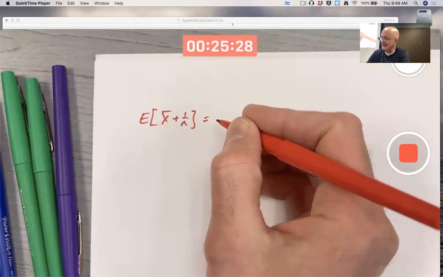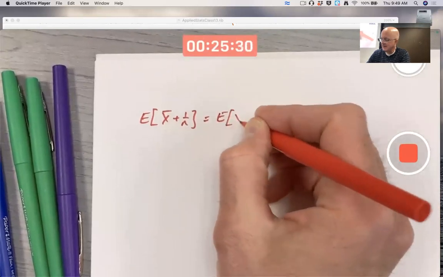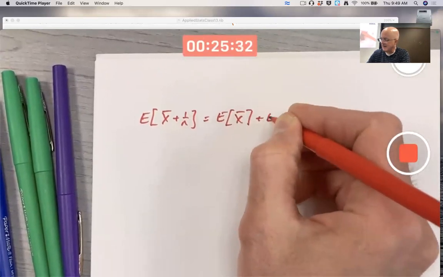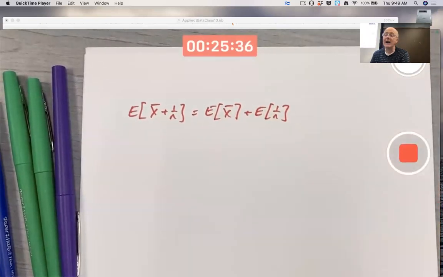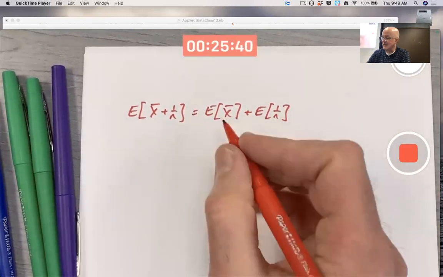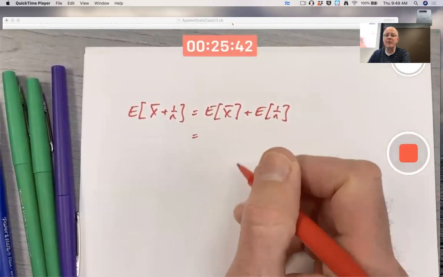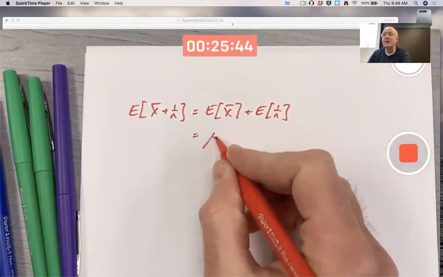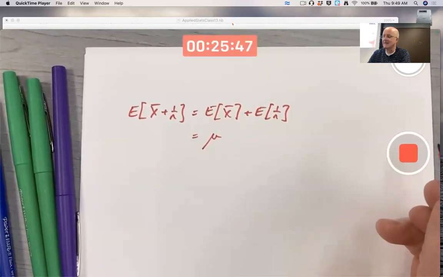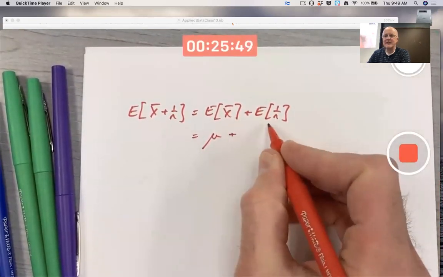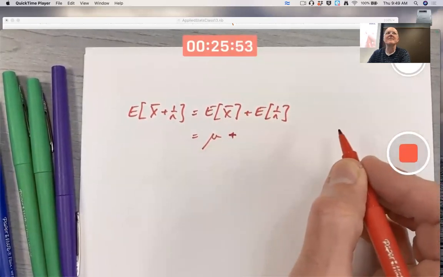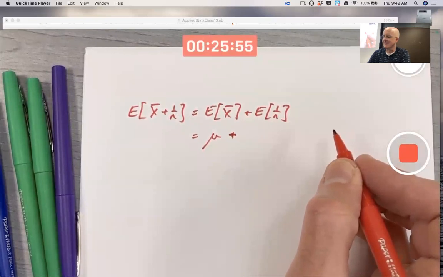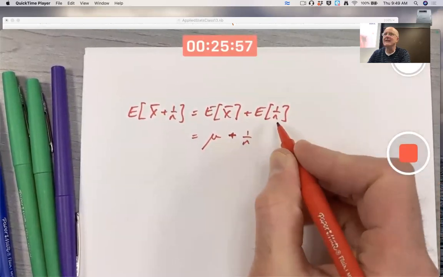Expected value is a linear operator. I can write that. I know x bar is an unbiased estimator for mu. Therefore, the expected value of x bar is mu. What about that one? What's the expected value of 1 over n? It's 1 over n. It's a constant.